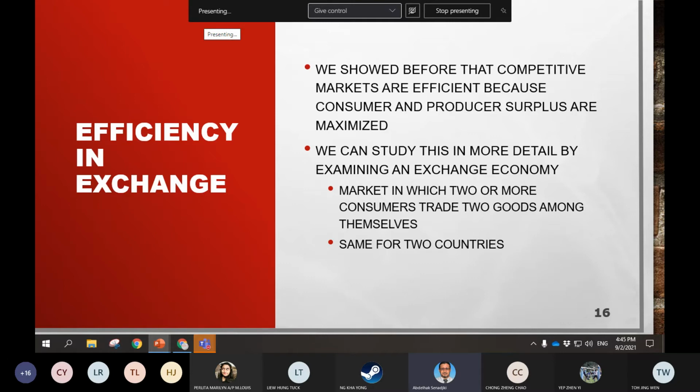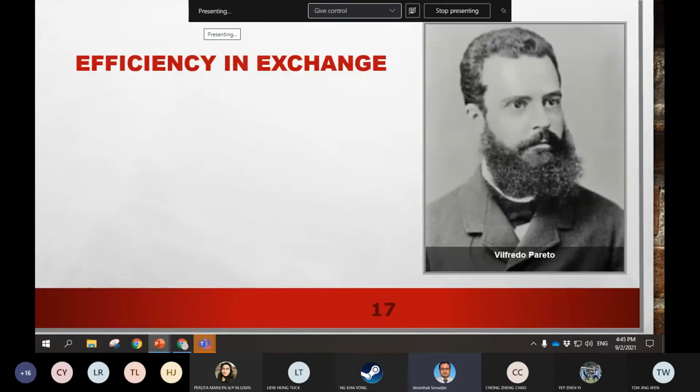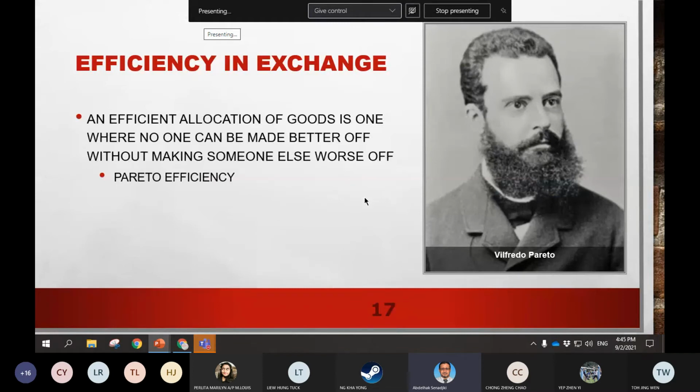We assume two persons or two countries, but for simplicity, we assume they are two persons. So efficiency in exchange is where an efficient allocation of goods is one where no one can be made better off without making someone else worse off.